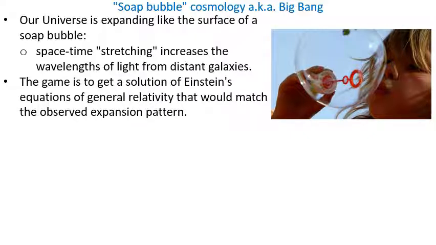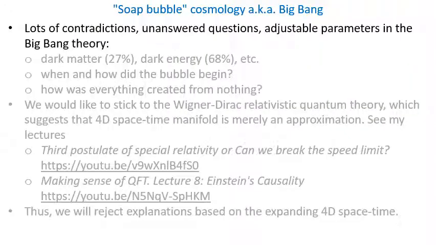For a more detailed description of what is going on, one has to solve Einstein's equations of general relativity. But these solutions depend on a number of assumptions and adjustable parameters. One embarrassing prediction of this approach is that our universe is composed mainly of dark matter and dark energy, and we still don't know what these things are.